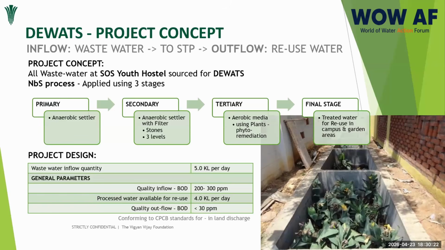They come under the patronage of the SOS, Save Our Souls, NGO, and there are 100 wards staying. They have a kitchen, toilets, and various other normal uses, and they are attached to a school.